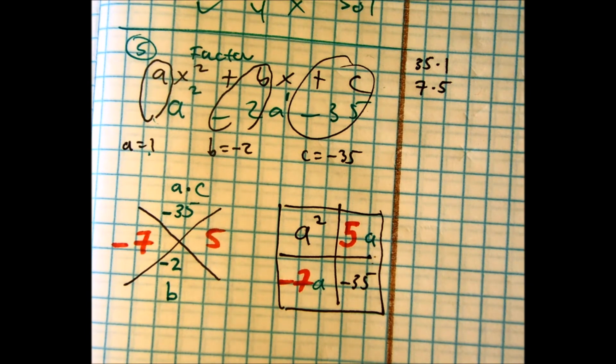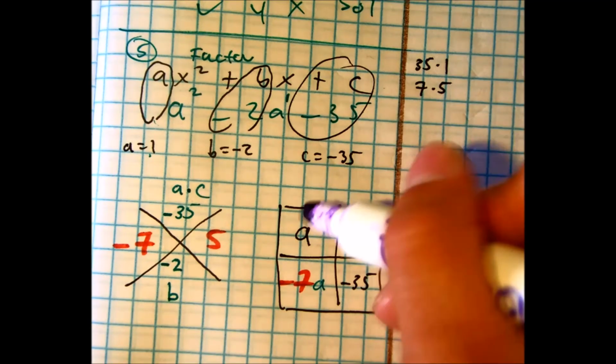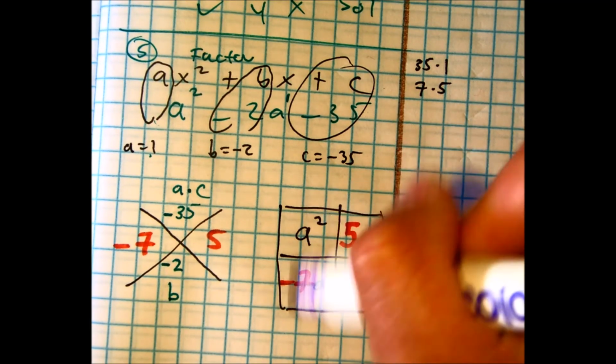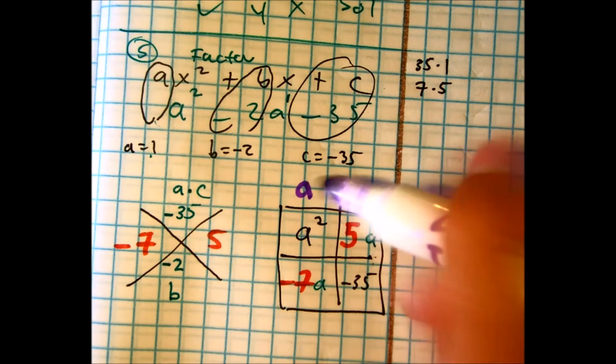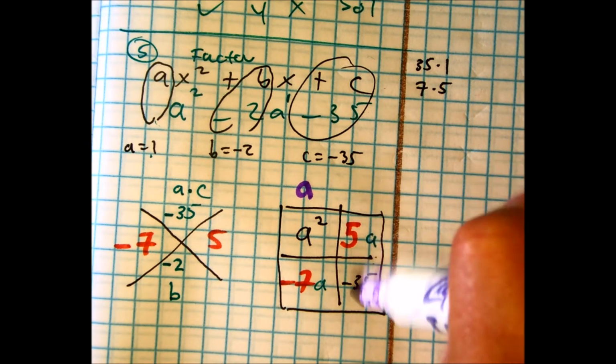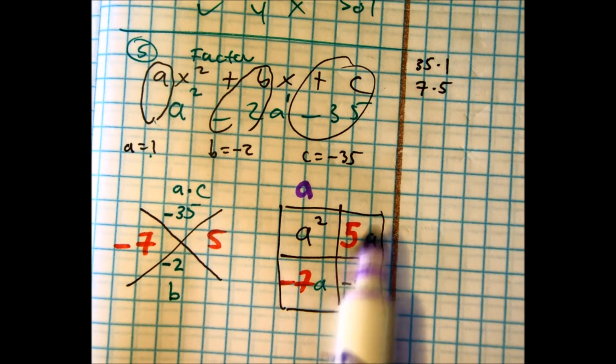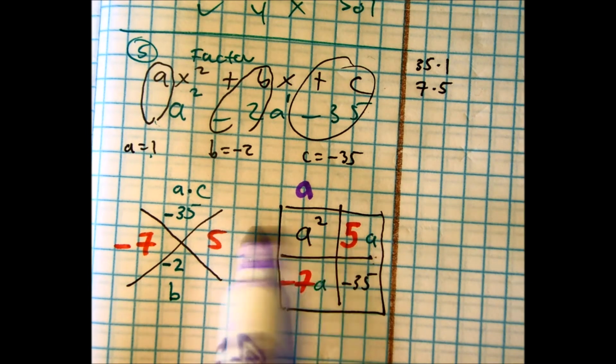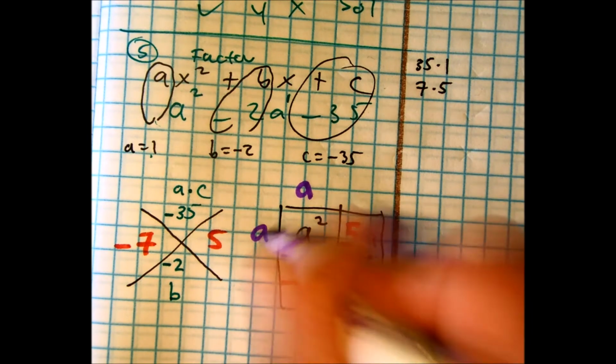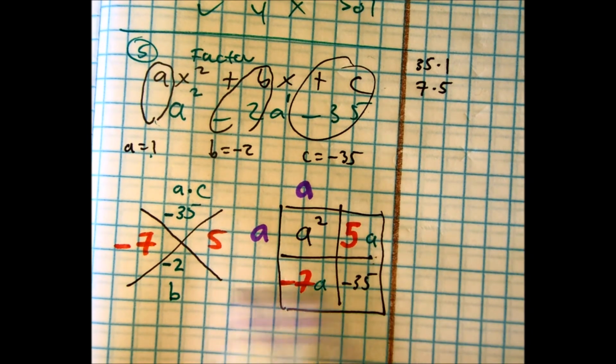Now you're just pulling out the greatest common factor. Class, what is the greatest common factor in this column? It's an A. How about this direction? Now, if you're not sure if it's a positive or negative, you can also do it the other direction. Greatest common factor? A. Because A times A is A squared. Greatest common factor?